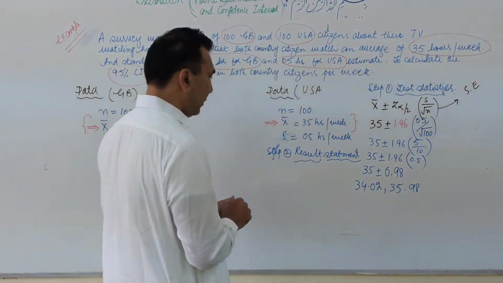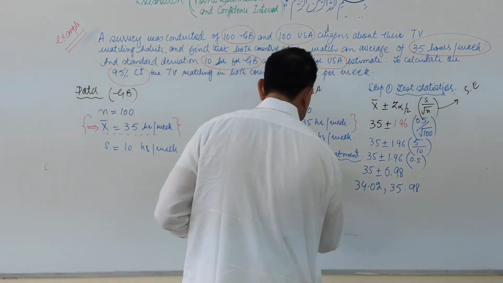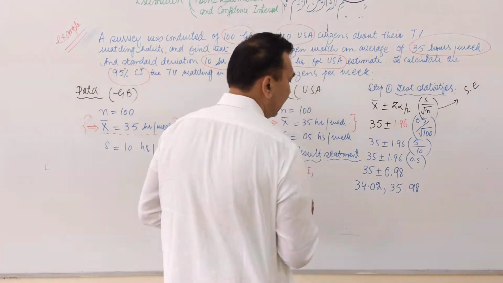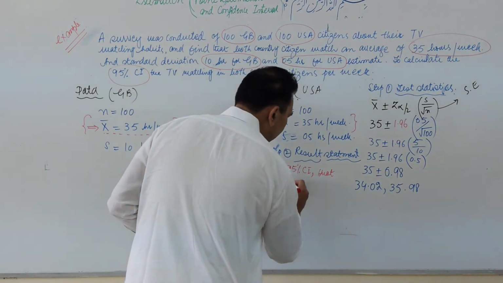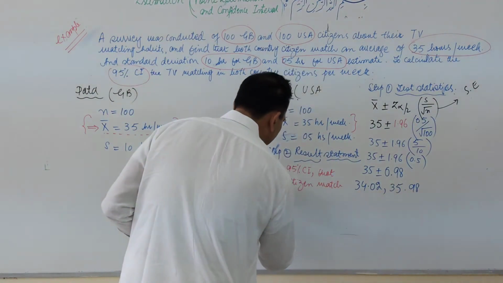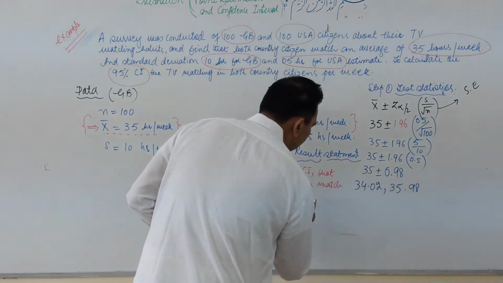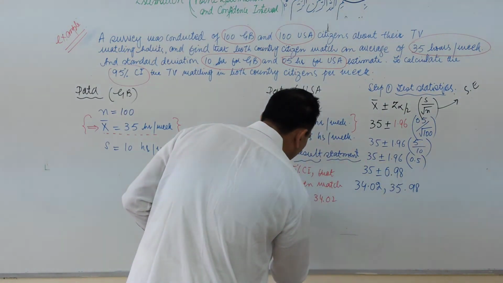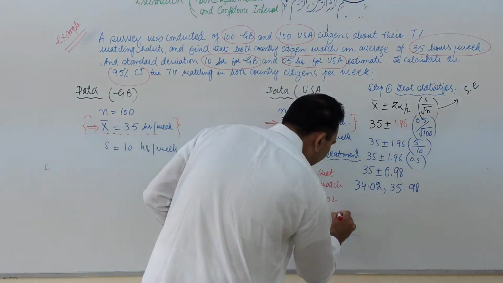We are 95% confident, at the 95% confidence interval, that USA citizens watch TV between 34.02 to 35.98 hours per week.